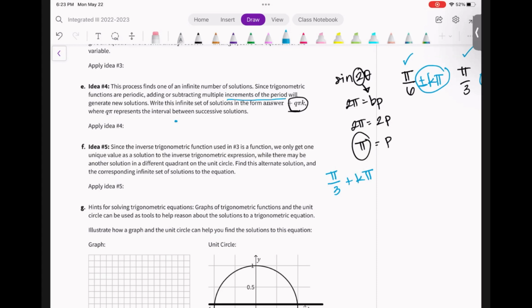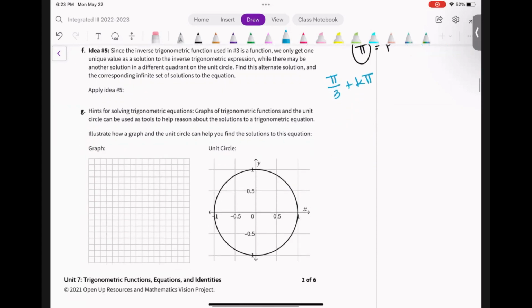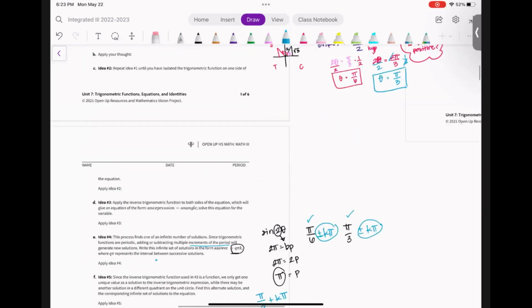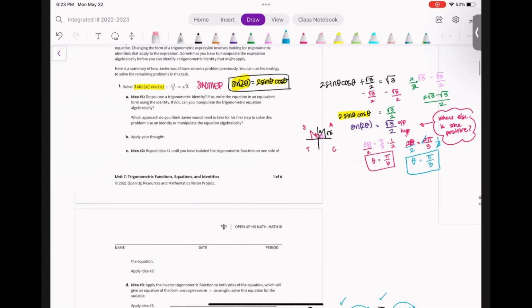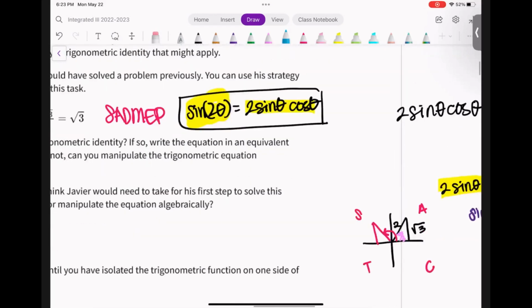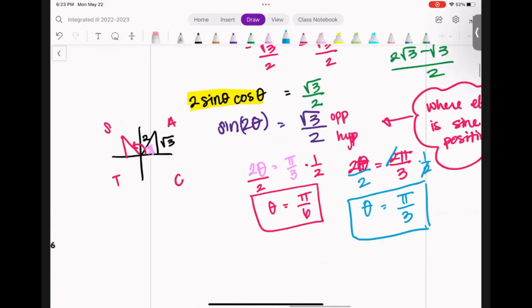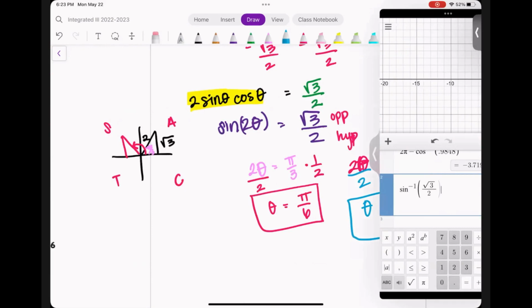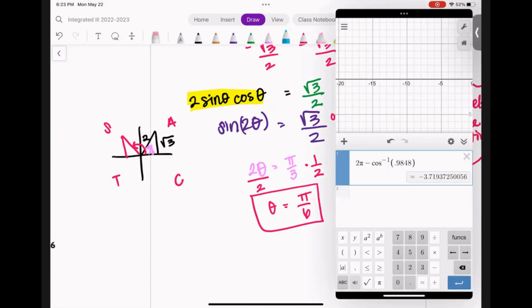Okay, hints for solving trig equations. Graph of trig function and the unit circle can be used as tools to help reason about the solutions of a trig equation. Illustrate how a graph of the unit circle can help you find the solution. Okay, so let's do the graph first, and then I'll explain what that means. You could go from the original equation, but I want to explain it from our double sine of 2 theta equals root 3 over 2.